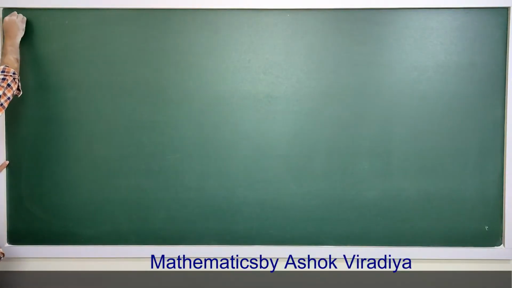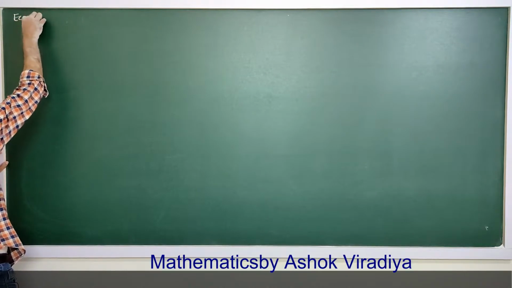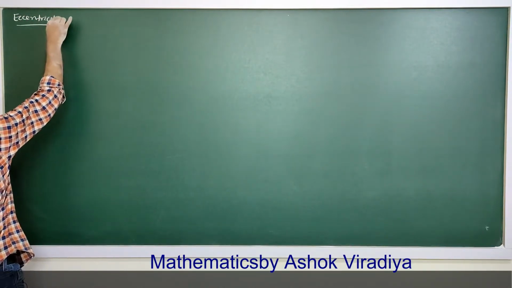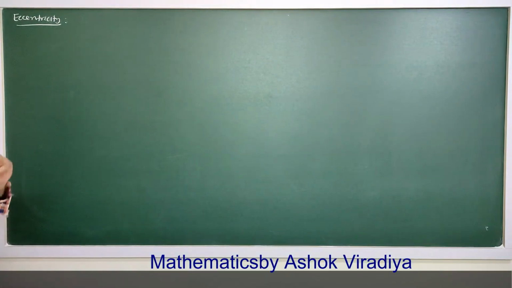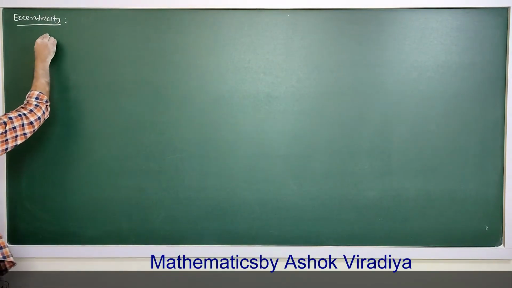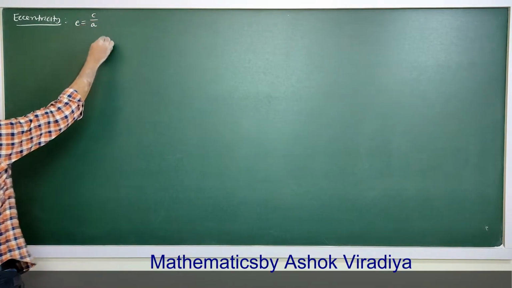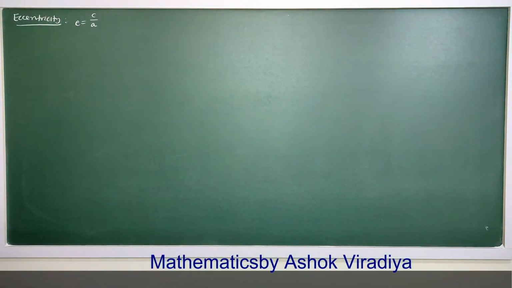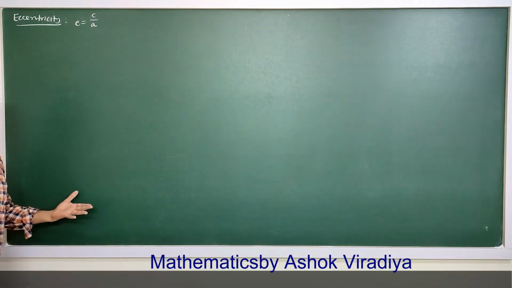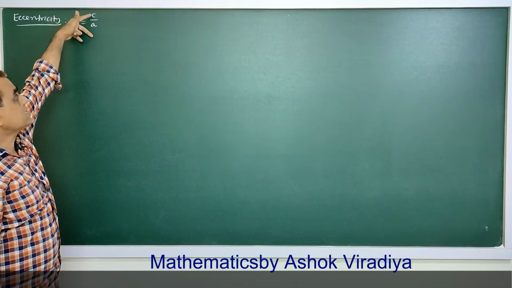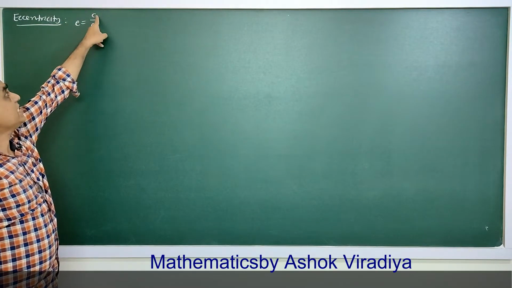Then eccentricity. Here also eccentricity E is equal to C by A. Same words. This is a ratio of distances. What is C?